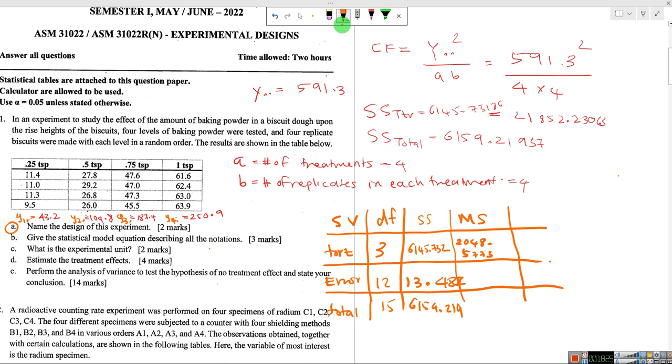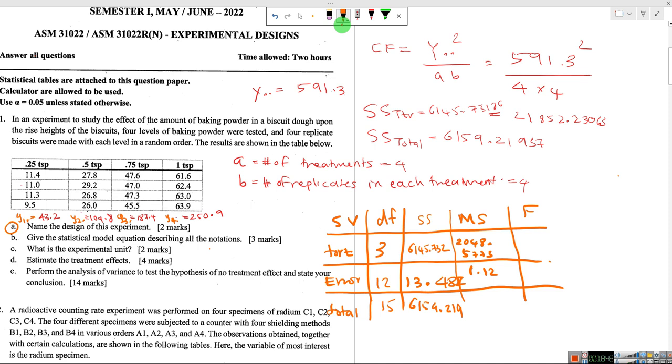Now this divided by this, 13.487 divided by 12, that is equal to 1.12. So now we can calculate this F value, this divided by this.